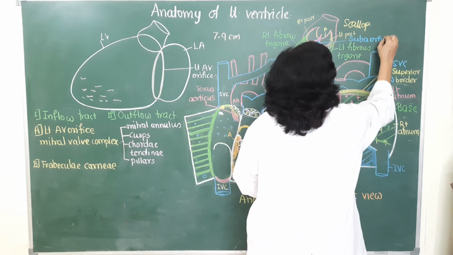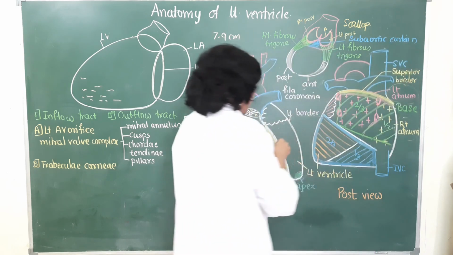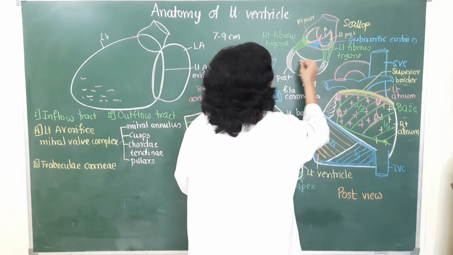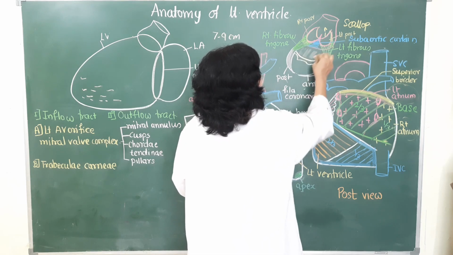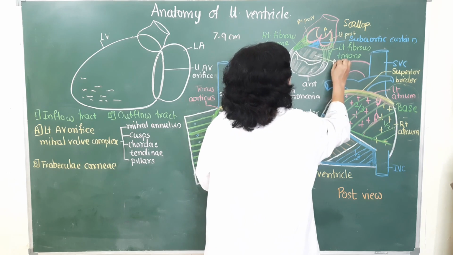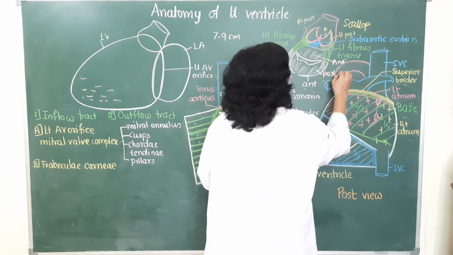This subaortic curtain extends down into the cusp. So here you get the anterior cusp and here you get the posterior cusp present in this orifice. So this is the anterior cusp, this is the posterior cusp.